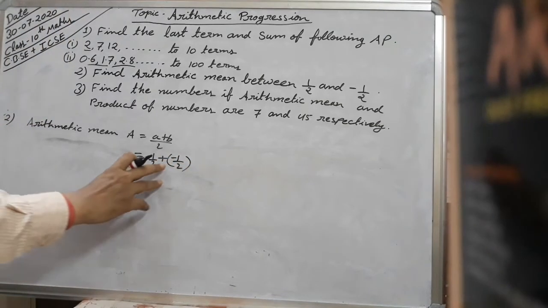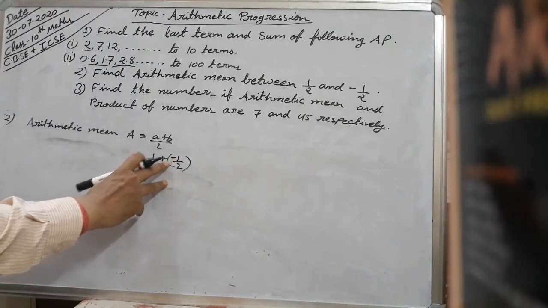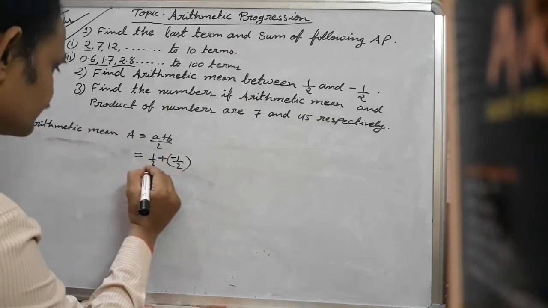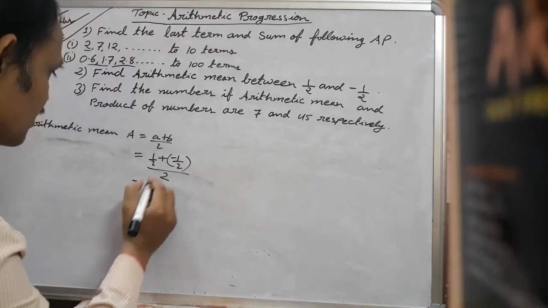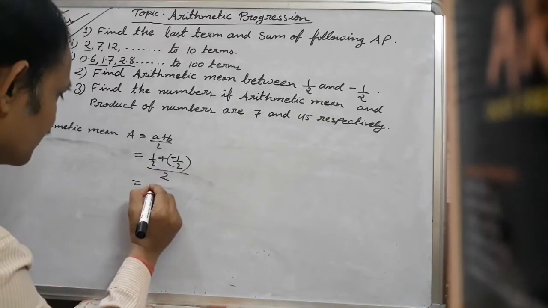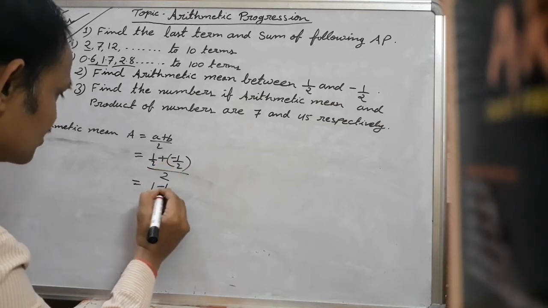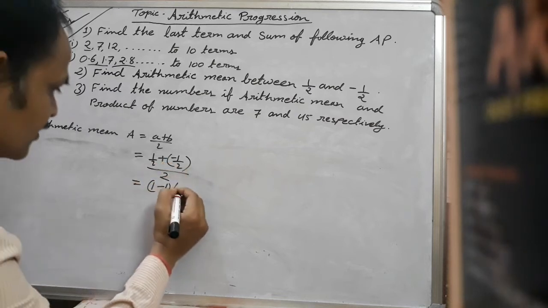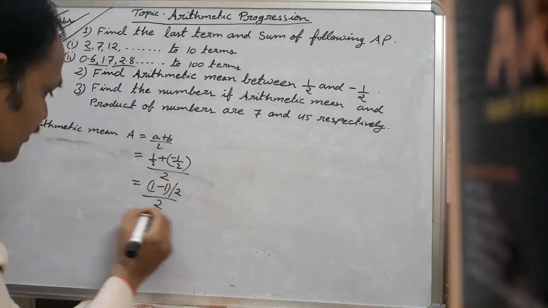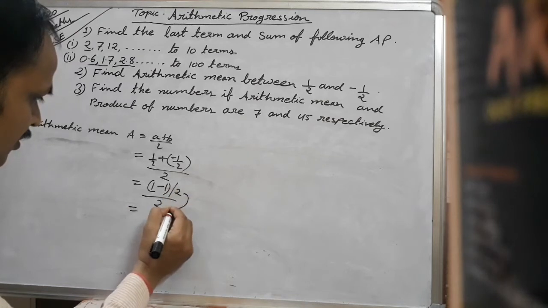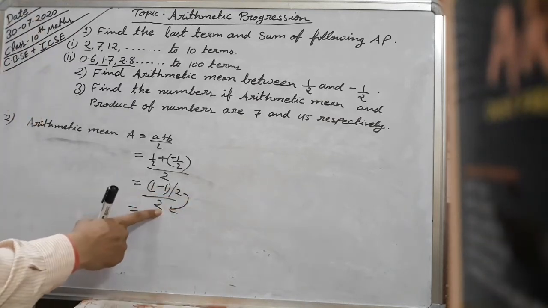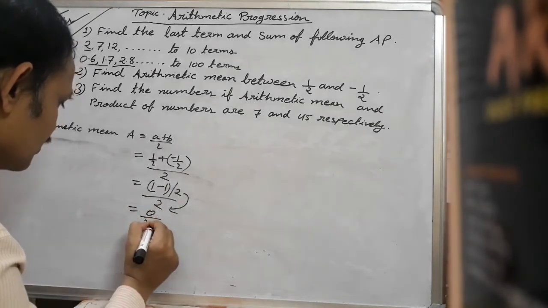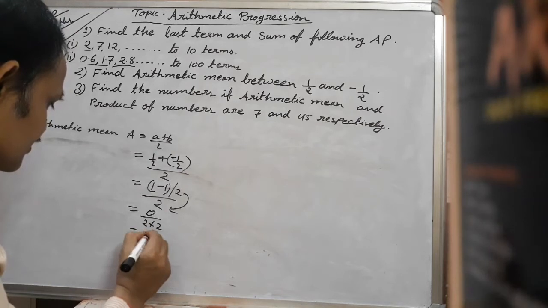Since we can't take two signs together, we have kept a bracket. Then 1 by 2, take common, 1 plus into minus is minus, 1 minus 1. The 2 will be taken as denominator, and this 2 in the denominator will go to the denominator and multiply here. 1 minus 1 is 0 by 2 into 2, that is 0.